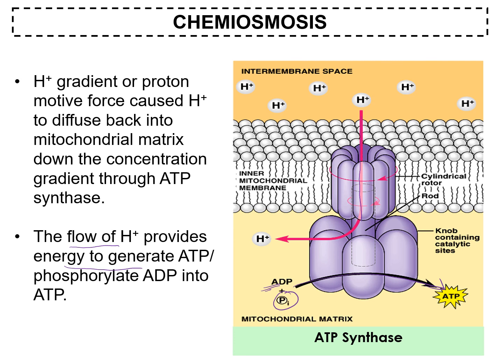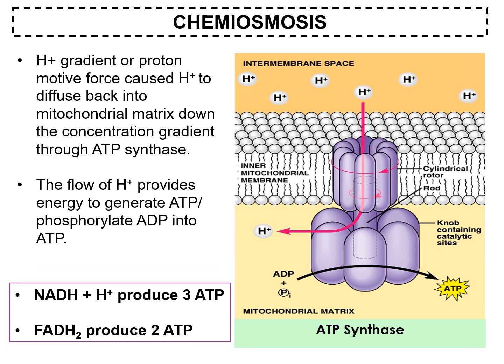Okay, remember the gradient induced flow of hydrogen ions provides energy to generate ATP. So accordingly, NADH plus H plus produces 3 ATP, while FADH2 produces 2 ATP.